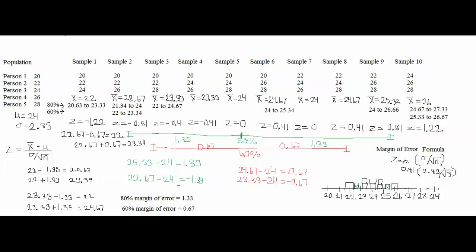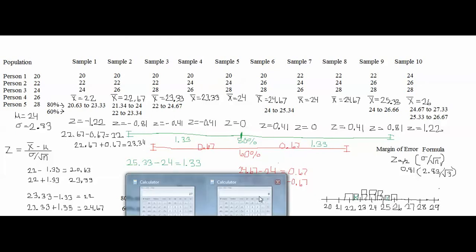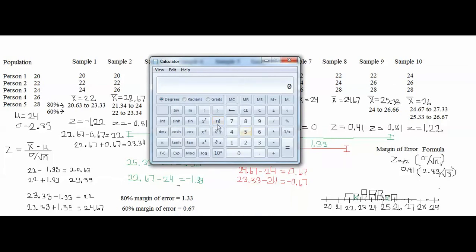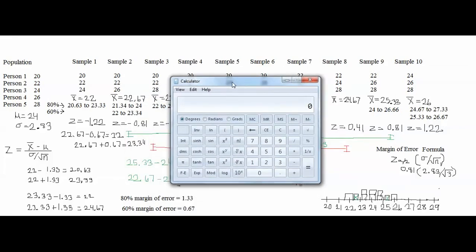Now, in order for us to do this work, I have to move this histogram. Let's start on the inside and divide 2.83 by the square root of 3. We know that the square root of 3 is, well, we did the work before.